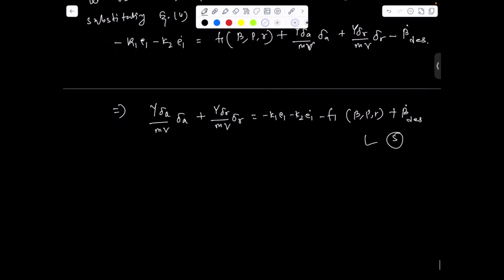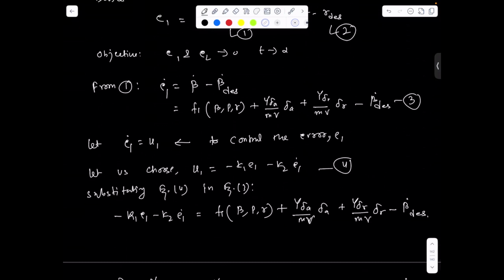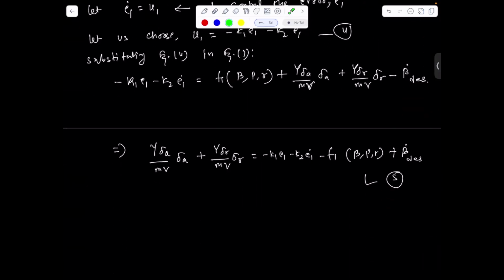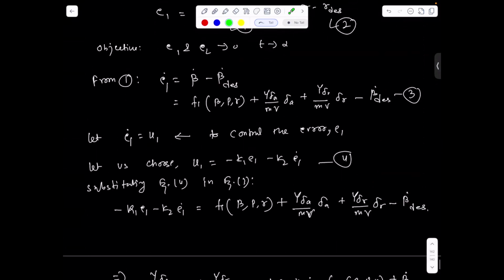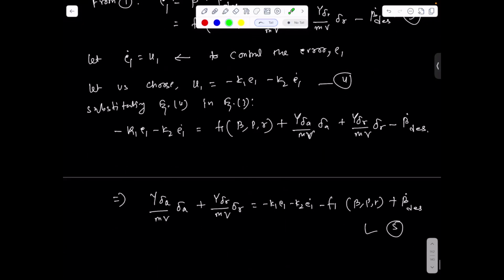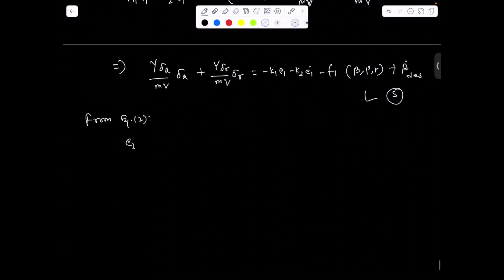Okay. Now what we'll do is we'll take the second error equation. So from the first equation, we have received equation 5. Now we will go to the second part, equation 2. So from equation 2, we can write E2 dot equal to r minus r dot minus r desired dot.